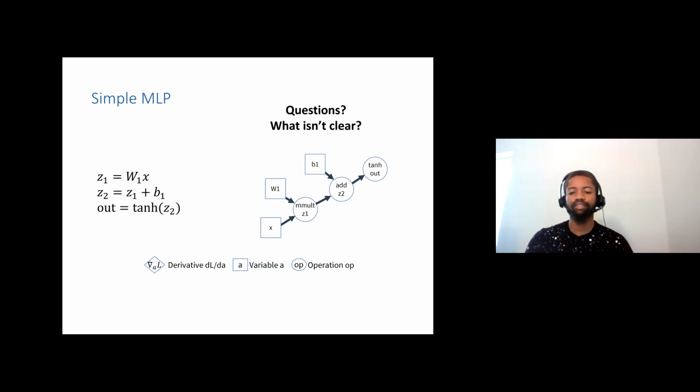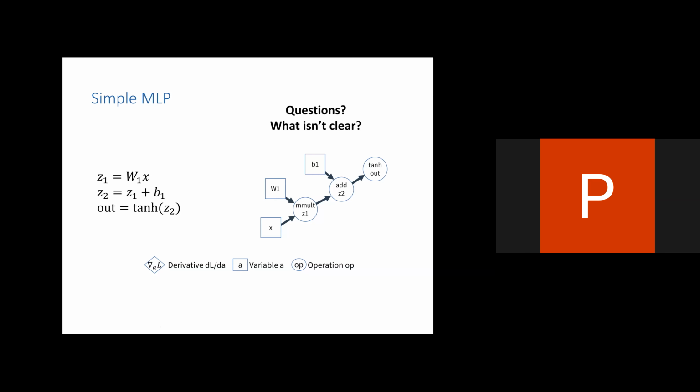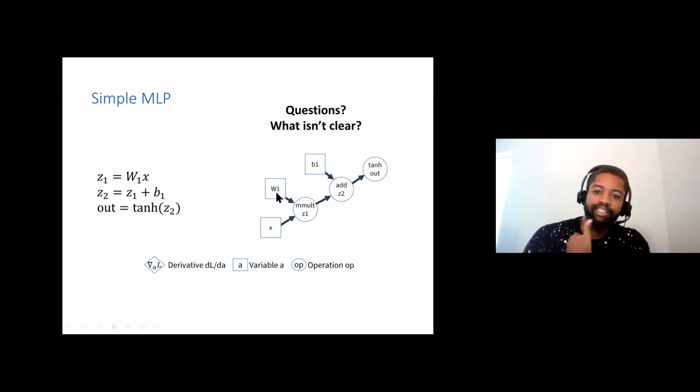If you called backward on Z1, then the gradient with respect to W1 would be calculated, and X would be ignored. Then if after that you called backward on Z2, W1 would get even more gradient. So those gradients would be added together.